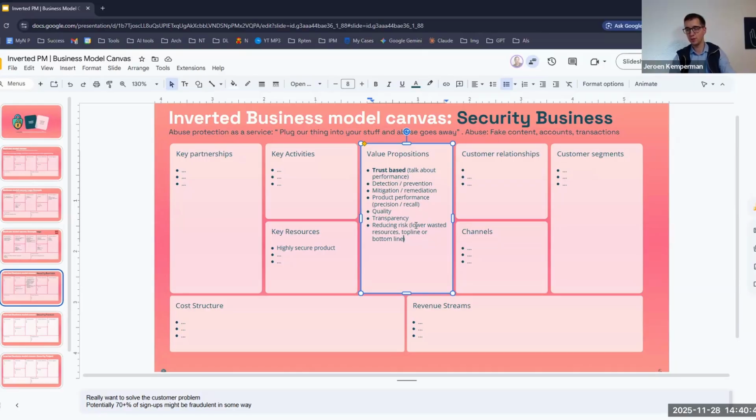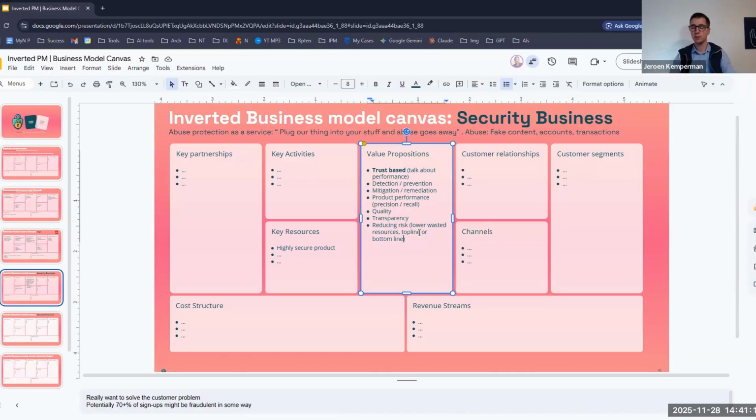So I think the value proposition of reducing risk by lowering wasted resources is reducing costs. If detecting fake accounts, or automatically created accounts, is one of the features, then you reduce the costs that are generated as a follow-up from these accounts. Yeah, so that's increasing the bottom line of the company.